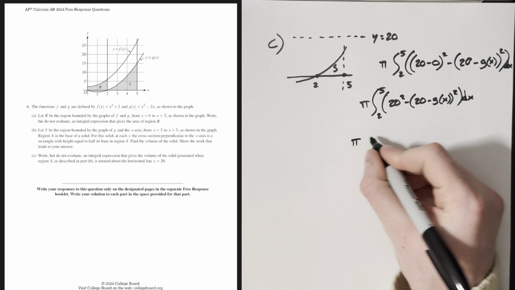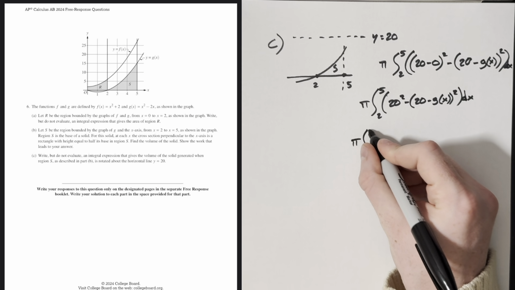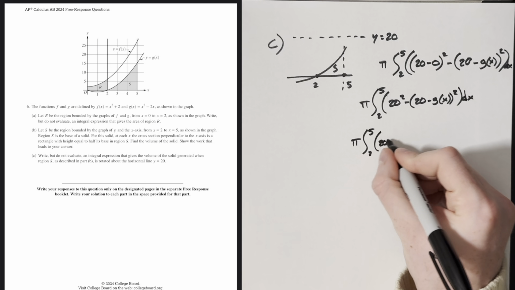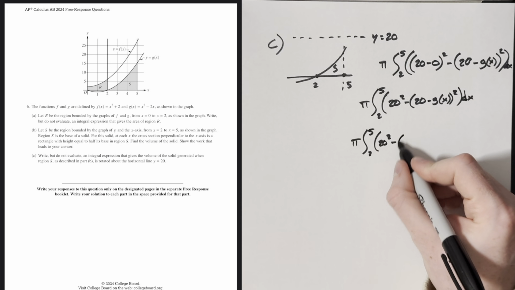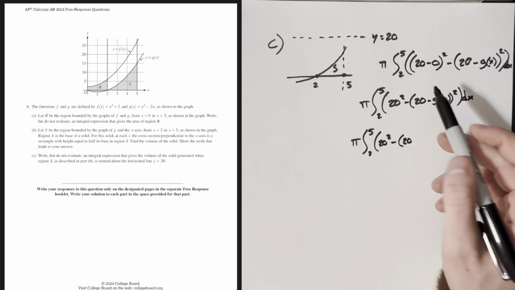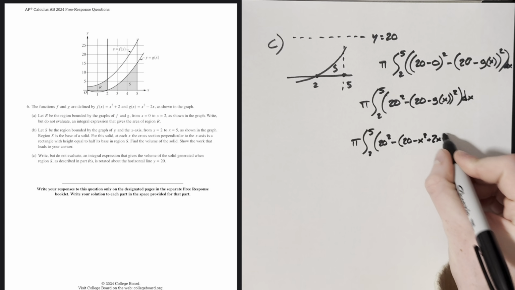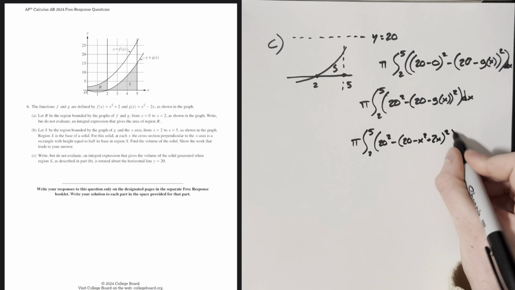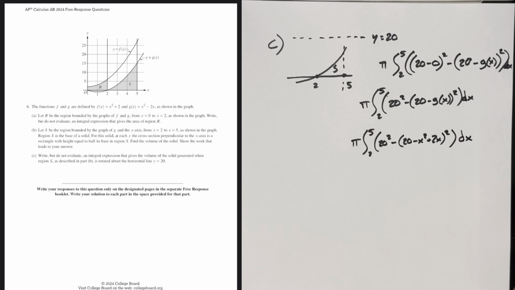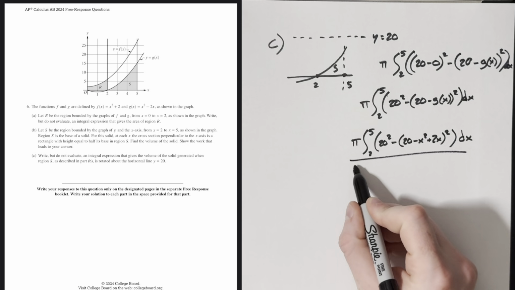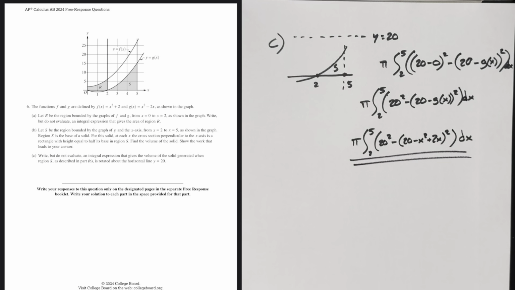So we could say it is pi times the integral from 2 to 5, 20 squared minus 20 minus x squared plus 2x squared dx. So quite a mess. We're glad that we don't have to evaluate that because it would be super ugly, right? But this integral would represent the volume of that rotated figure, right?